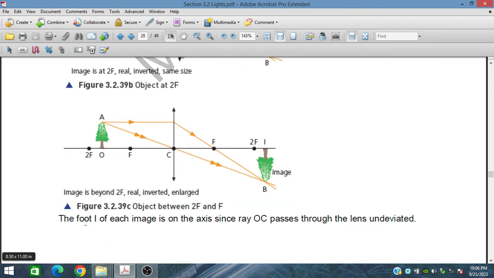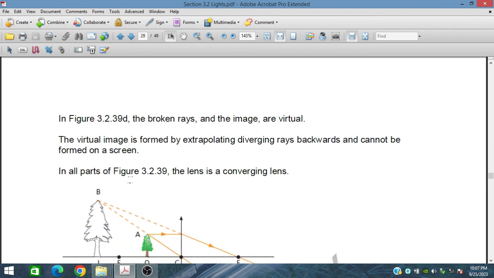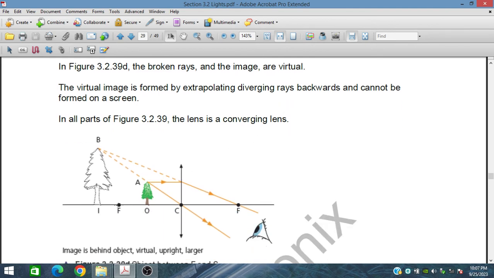For the foot of the object on the axis, the image is on the axis, and ray OC passes through the lens undeviated. In figure 3D, the broken ray and the image are virtual. If the object is placed within the focal length, at this location, then this will be like this.